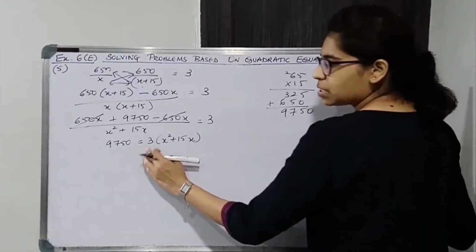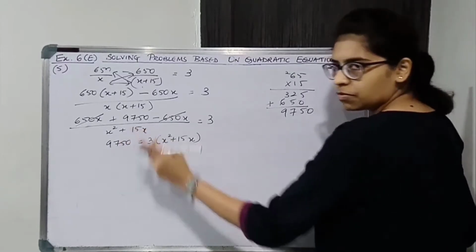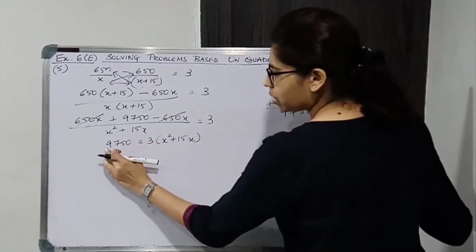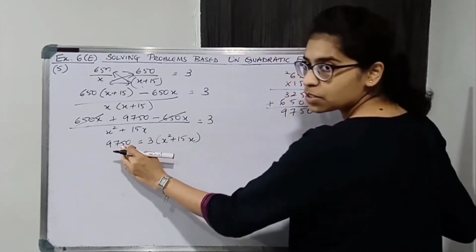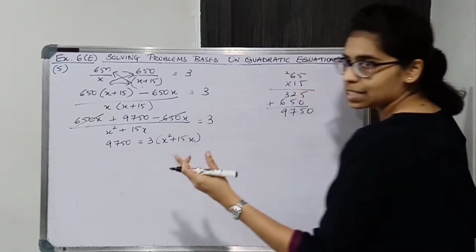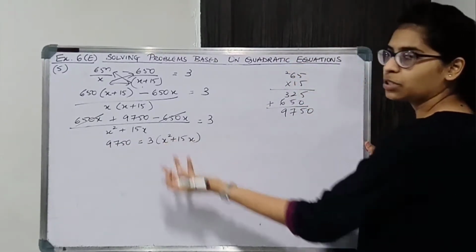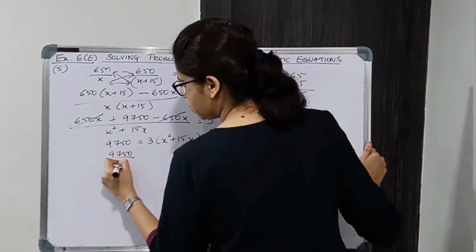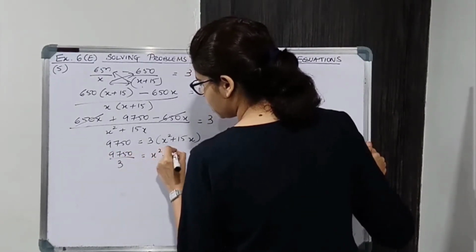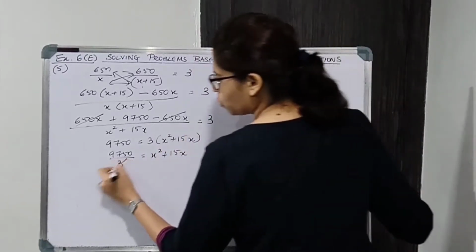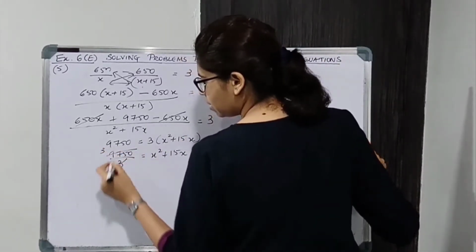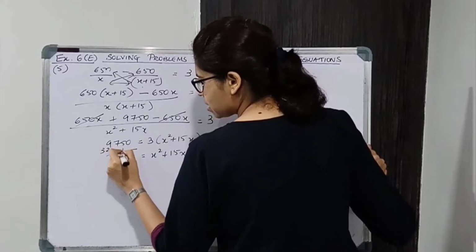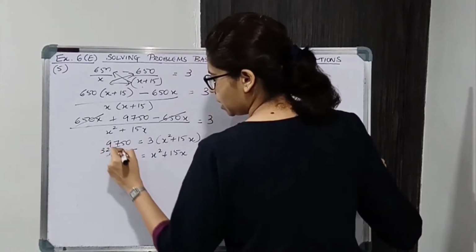Now is this divisible by 3? If it is, then we'll just divide it. So 9 plus 7 plus 5 gives 12, so 12 plus 9, yes, this is divisible by 3. Okay, it will be 21. So 9750 divided by 3 is equal to x square plus 15x. So 3 3s are 9, 3 2s are 6, 1 will be left, 3 5s are 15 and 0.